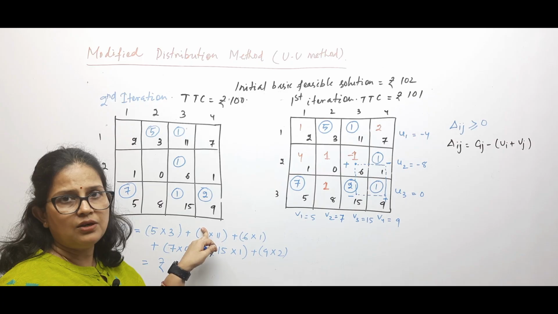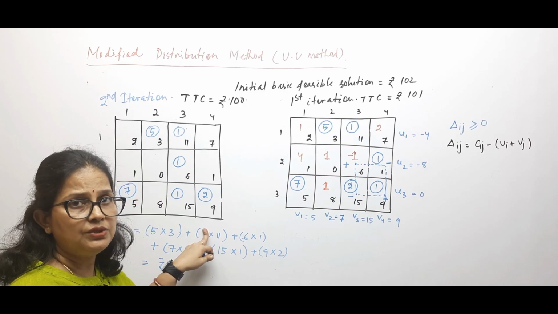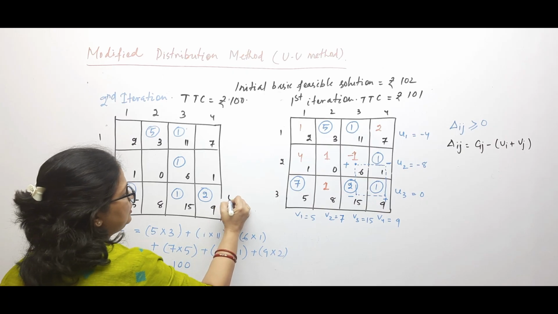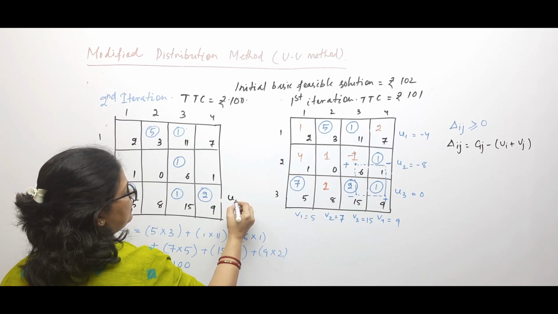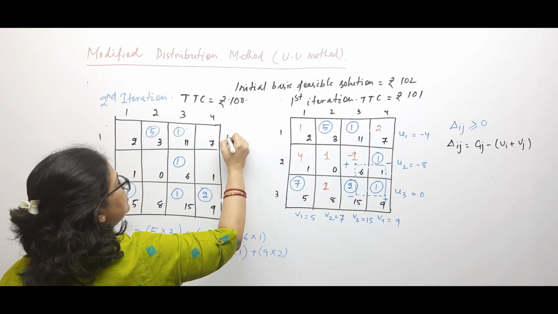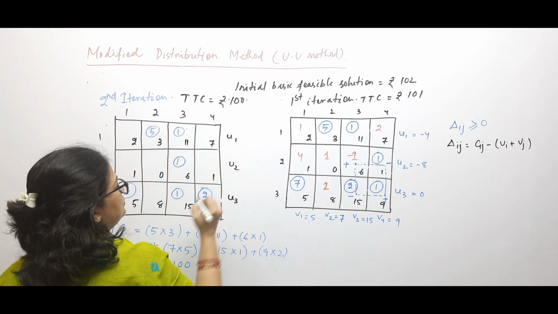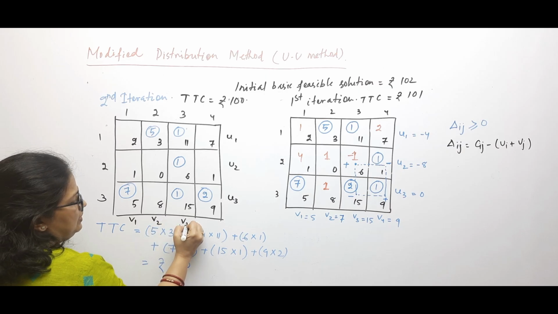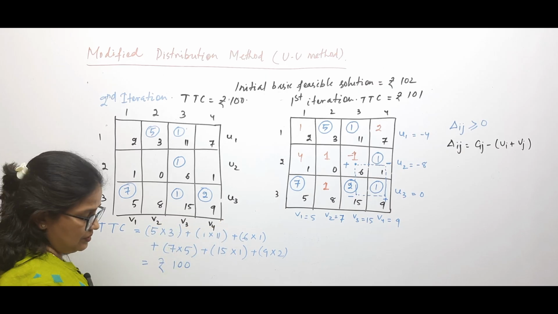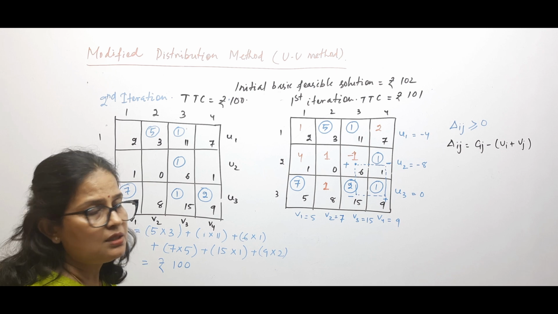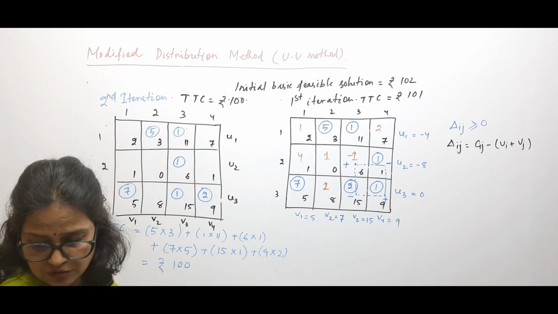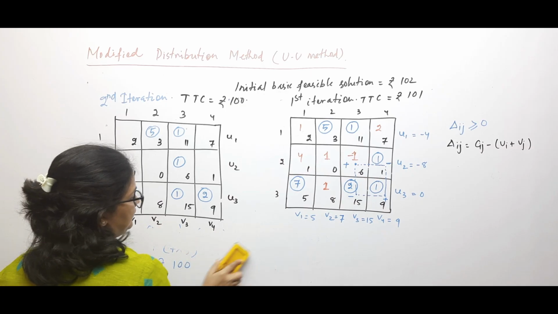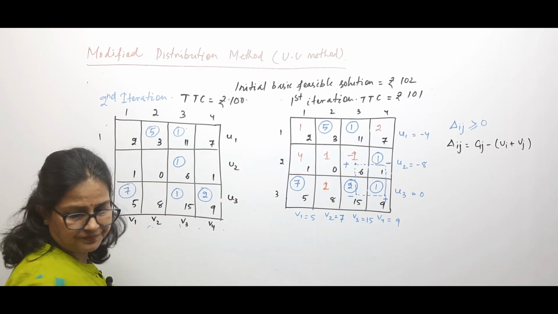Is this an optimal solution or not, we need to check again. Again, we need to calculate the U and V values. This is U1, U2, U3. This is V1, V2, V3, V4. So we need to check again, delta value also we need to calculate to check the optimal solution or not.